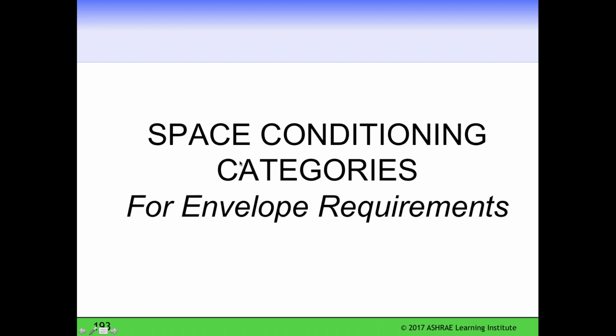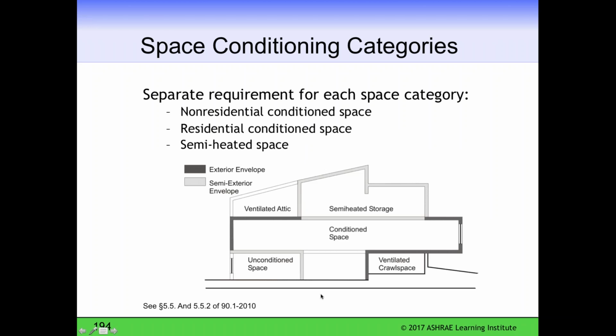And so we've covered climate, construction classes, space conditioning categories. Essentially, you have exterior envelope, which is the darker tinted envelope that surrounds conditioned spaces, and semi-exterior envelope where you have semi-heated storage, and you have requirements both for the surfaces facing into the conditioned space and facing into the outside.